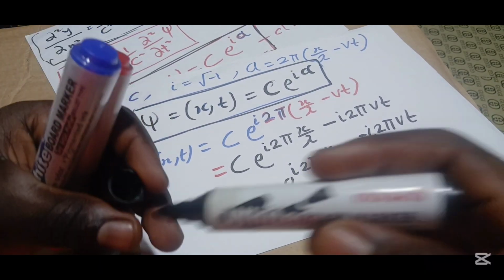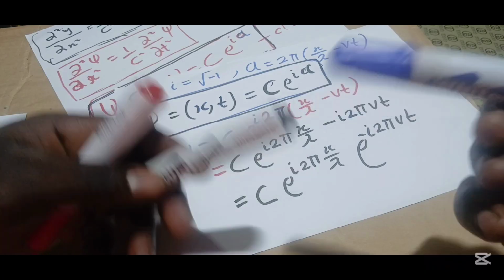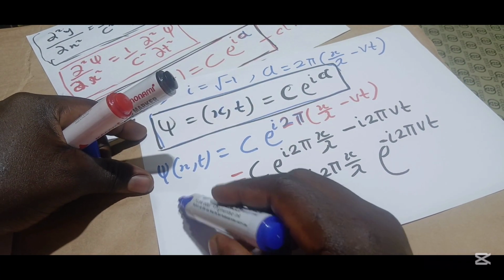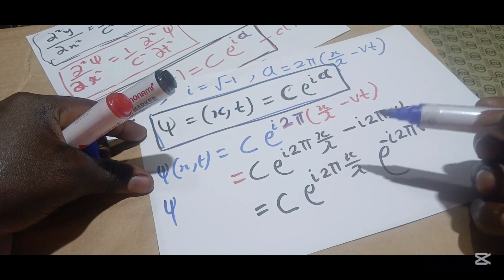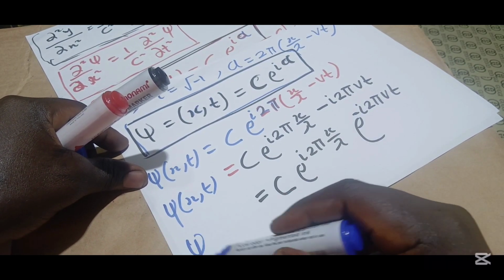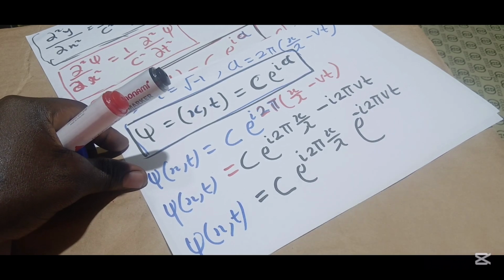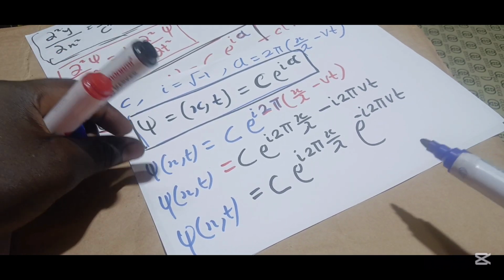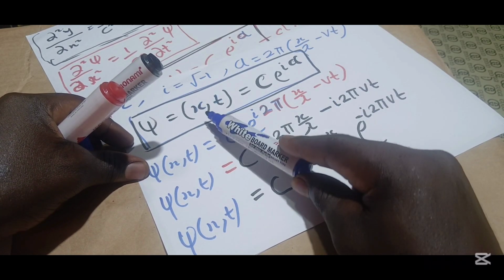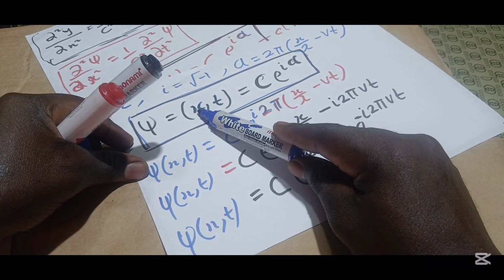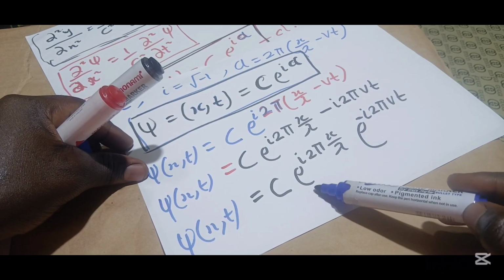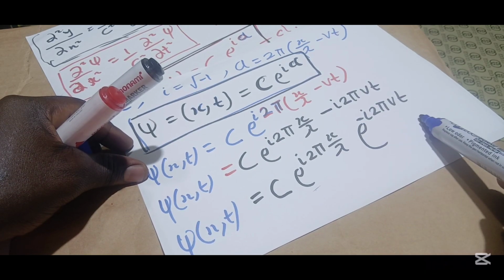So now our wave function is split into two parts. We are looking at a wave function with distance factor x and time t. So this is separated into the distance part and then the time part.